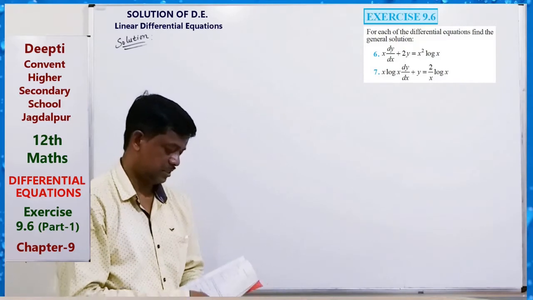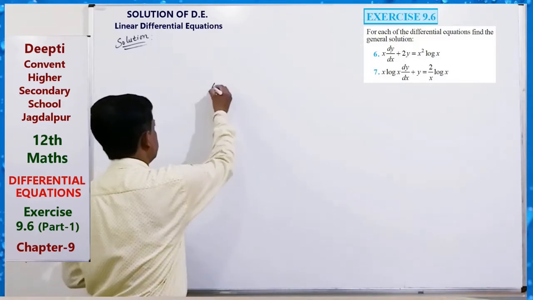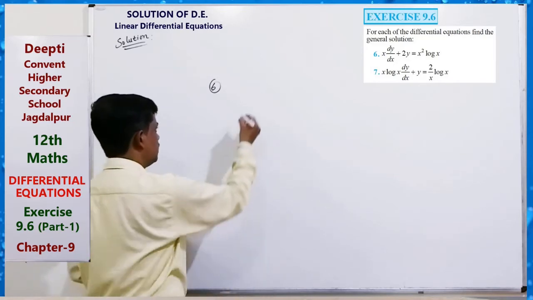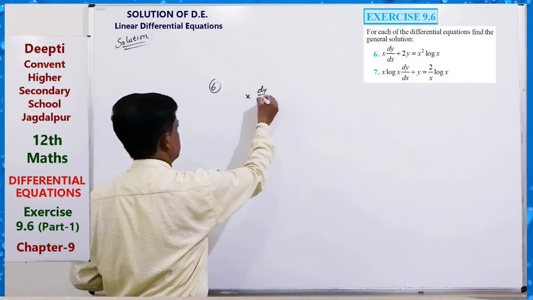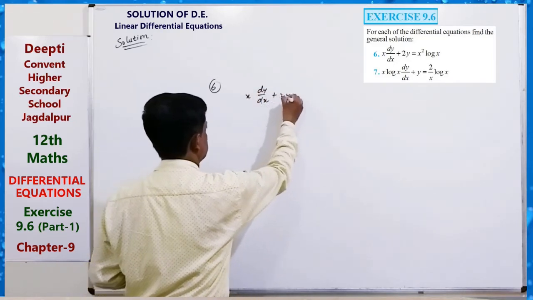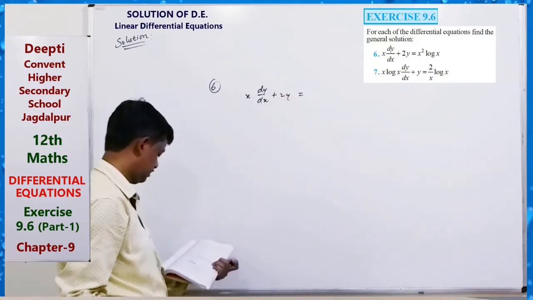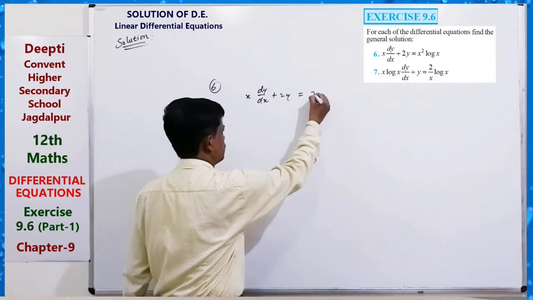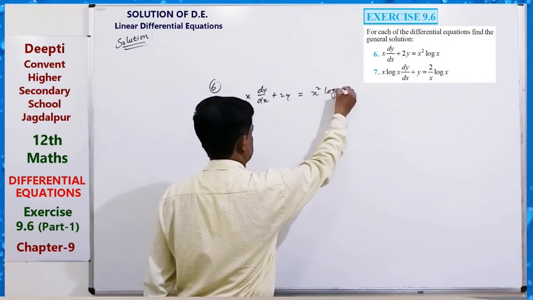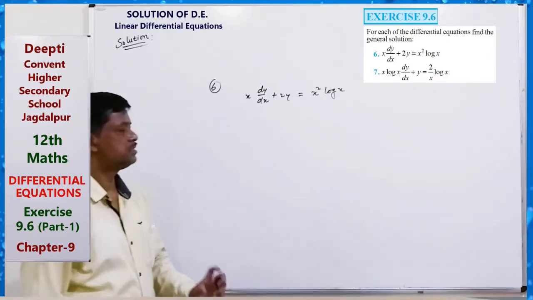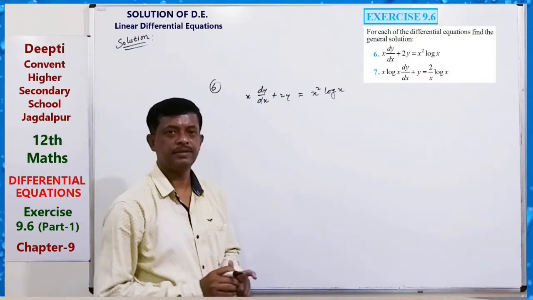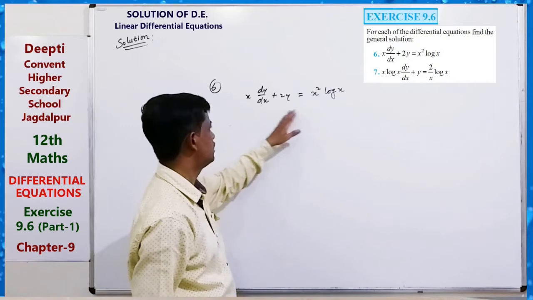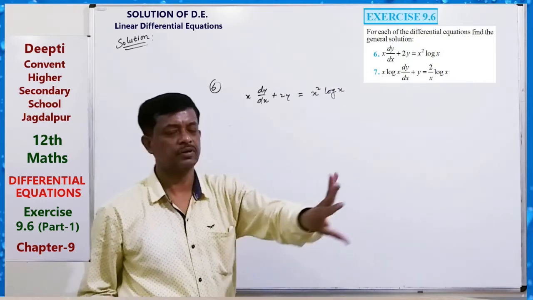Here question 6, I am just giving a hint. Question 6: x dy by dx plus 2y equals x square log x. If you divide by dx, then you can see it is not separable form, not homogeneous.